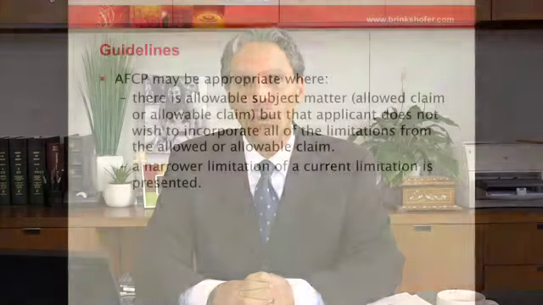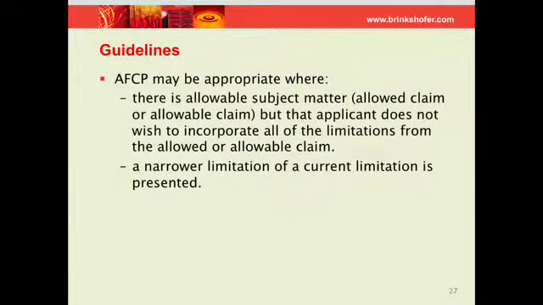Another instance would be where you would have a narrower limitation to a limitation that was currently before an examiner. So let's say the examiner has rejected claim 2, but the examiner may indicate in the office action that he is taking a fairly broad interpretation, and potentially an unduly broad interpretation, of the limitation in claim 2.